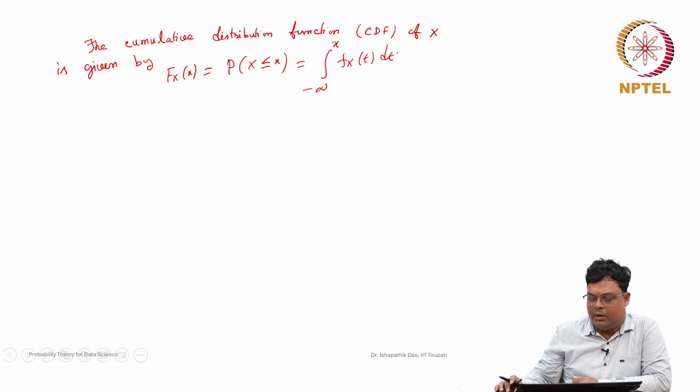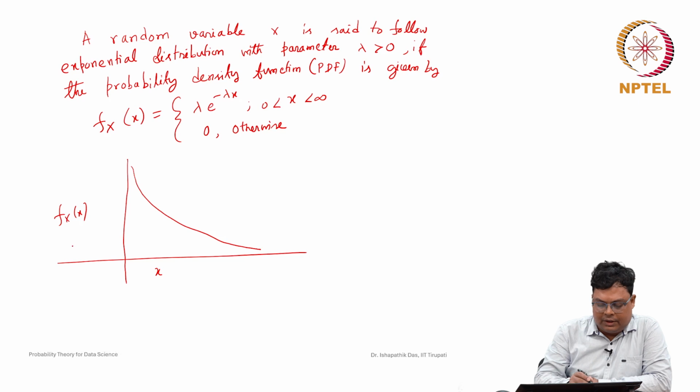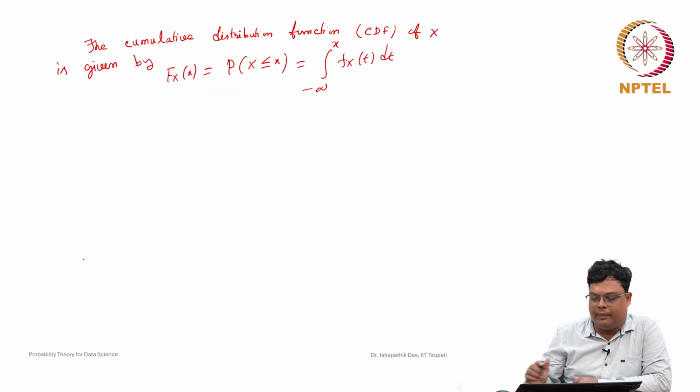Whenever x is less than 0, the area under the curve is 0, since the density is zero there. So, this equals 0 whenever x is less than 0.